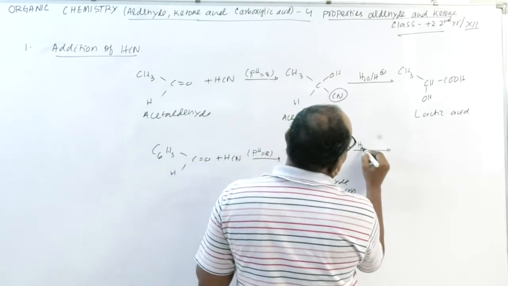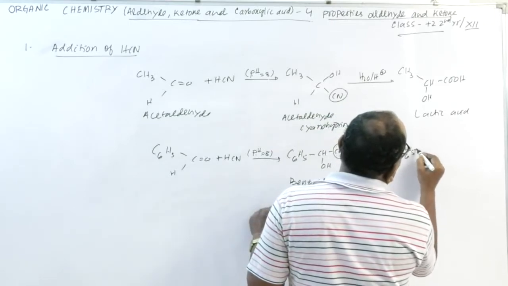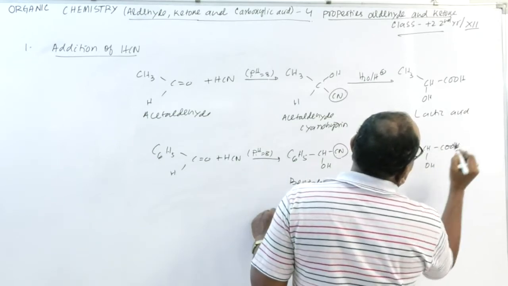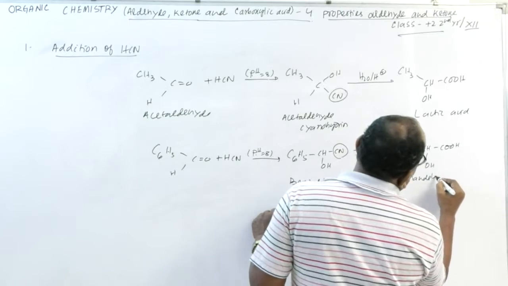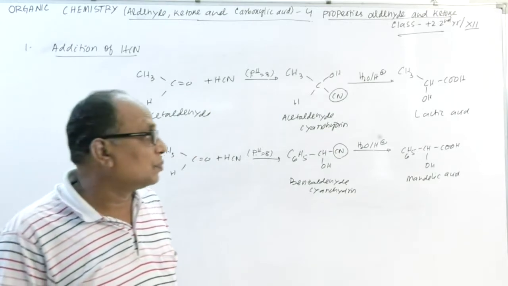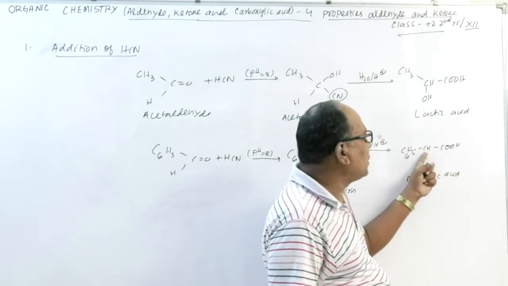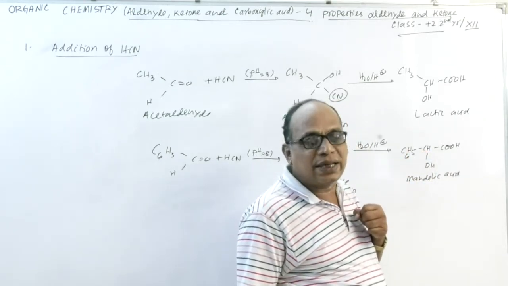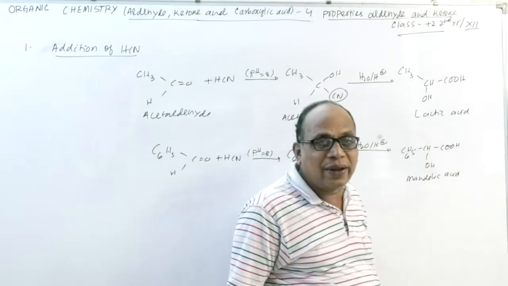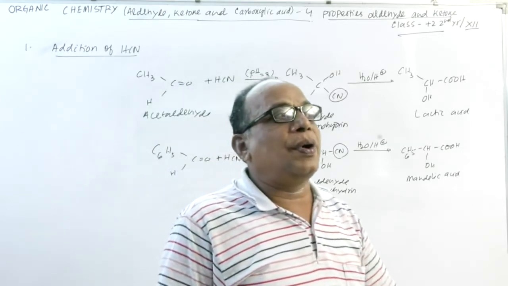On hydrolysis, this group is hydrolyzed, that is C6H5CH(OH)COOH. This is called mandelic acid. That is, we can say alpha-hydroxy phenylacetic acid, or 2-phenyl-2-hydroxyethanoic acid. Okay, students, these are the reactions of carbonyl group compounds with HCN.